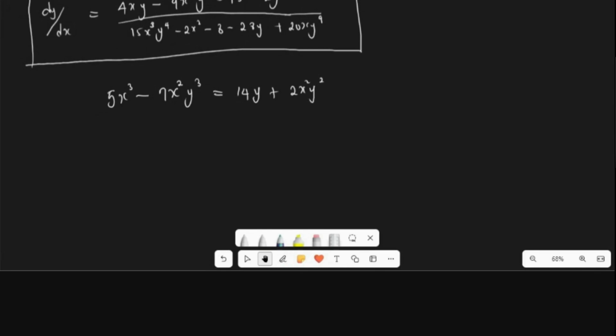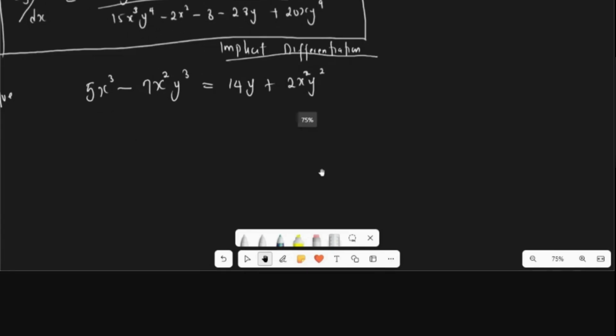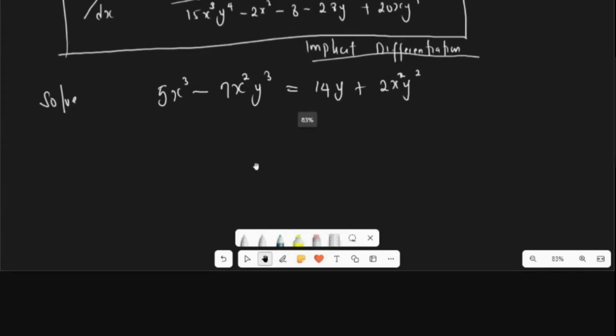I think this is quite easier and shorter for you all to solve. So guys, please solve this using the implicit differentiation method. Is that 2x squared? Yes, 2x squared y squared. I can make it bigger if you want. This is it.